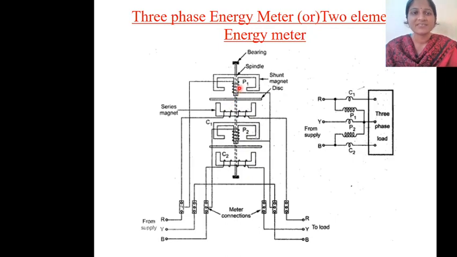For the three phase energy meter or two element energy meter, there are two single phase energy meters. That means one element is called one energy meter. For two phases, there are two energy meters connected to the two phases, and they are connected to the load. The pressure coils are connected in parallel and the current coils are connected in series.